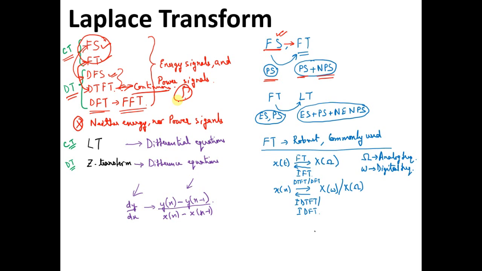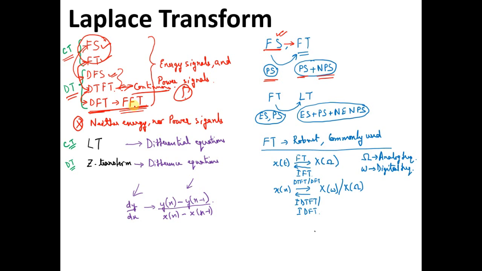That was one of the major disadvantages, which cannot be carried out in the digital domain. Because of this problem, the discrete Fourier transform came into existence, where both the time domain signal and the frequency domain signal have been discretized.